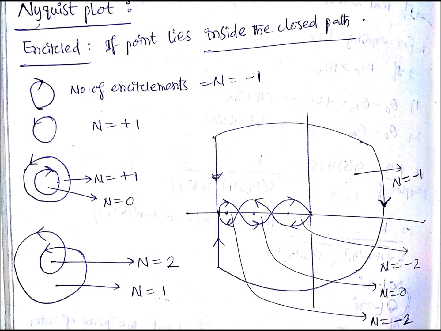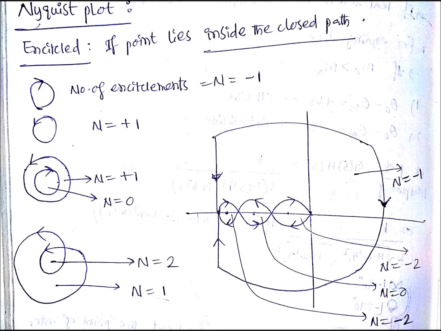Coming to the third diagram, if a point lies between the outer and inner circle, the number of encirclements for that point will be +1, in the anti-clockwise direction. Then for a point inside the inner circle, the number of encirclements will be n equals +1 -1, both getting added.